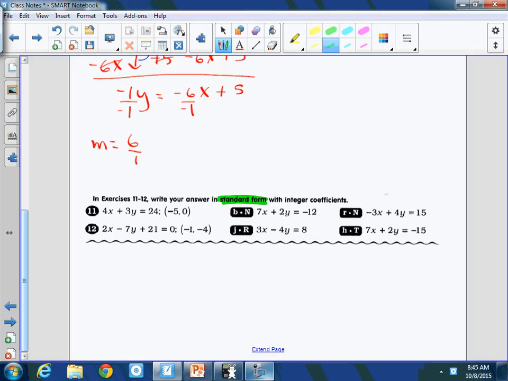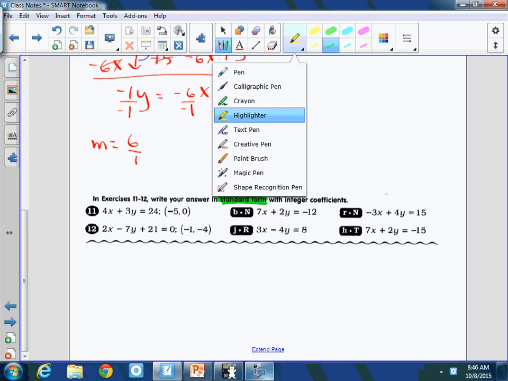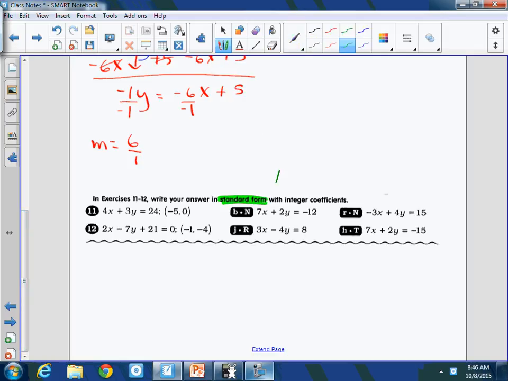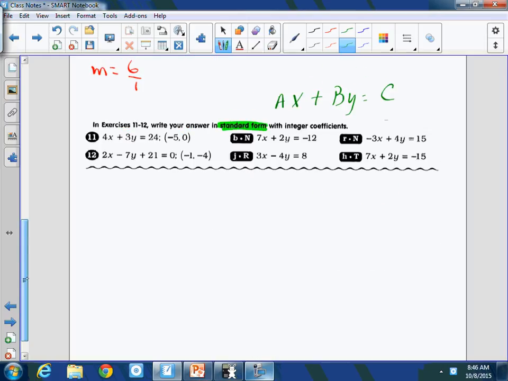Standard form. Look at your cheat sheet and tell me what the standard form is. Now this is the hardest one. And Miss Marie's least favorite because you have to work so much for it, right? It is what it is. That's why you're gonna have to do one. Alright, so perpendicular to that line.